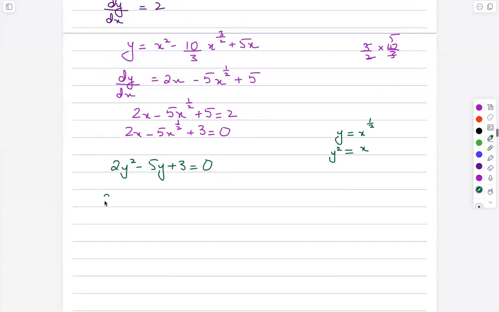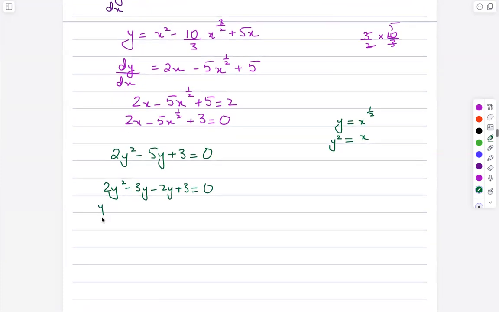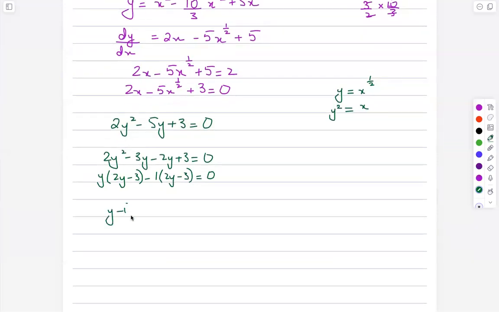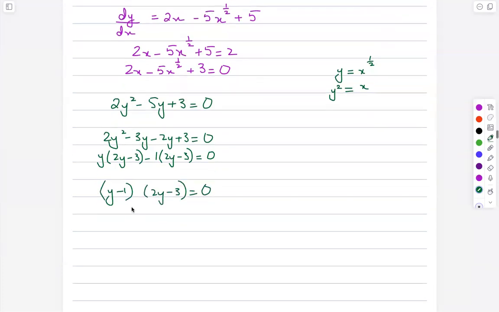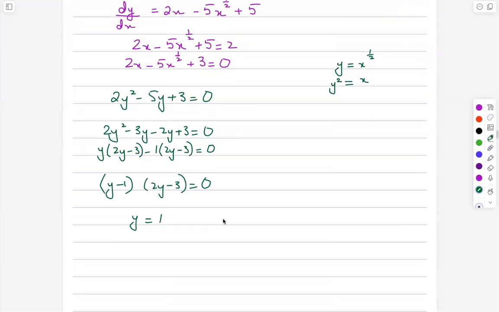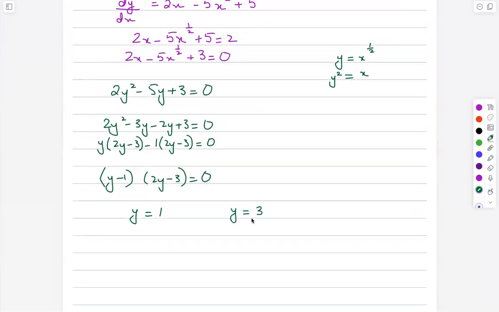Factorizing this, we'll get 2y² − 3y − 2y + 3 = 0. Taking y common, this will become y(2y − 3), and taking 1 common over here, we'll get −1(2y − 3) = 0. Simplifying, we'll get (y − 1)(2y − 3) = 0. So the values of y will be y = 1 and y = 3/2.